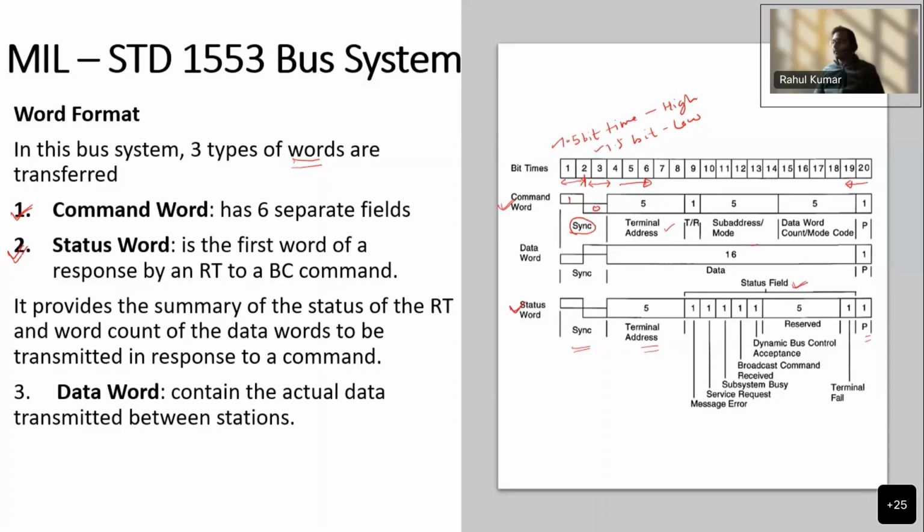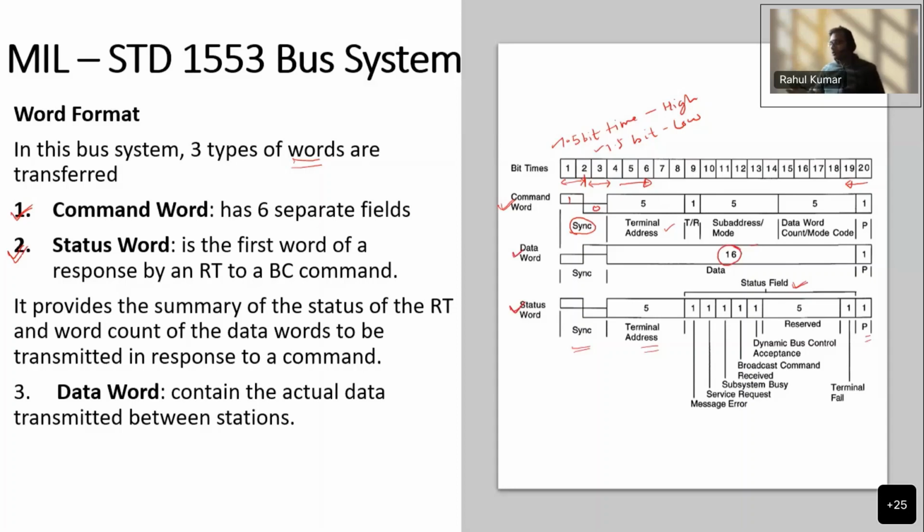Okay, so you can send a maximum of 16 bits at a time. If you look at the data word, you can send a maximum of 16 bits of data at a time using the data word.